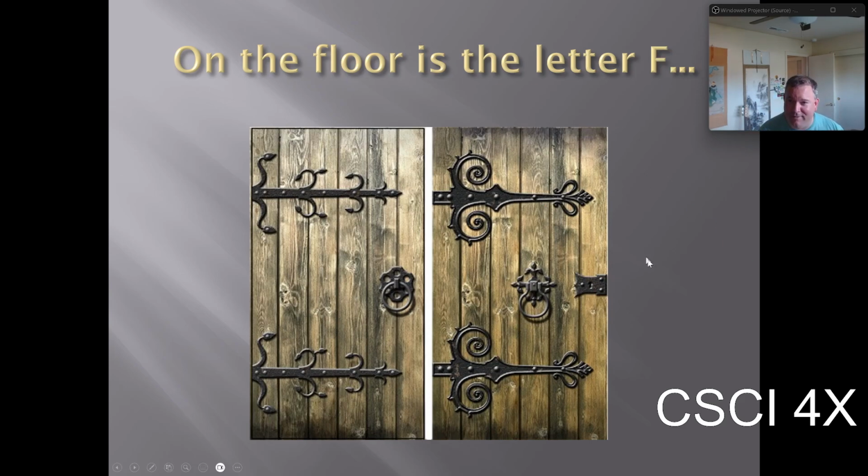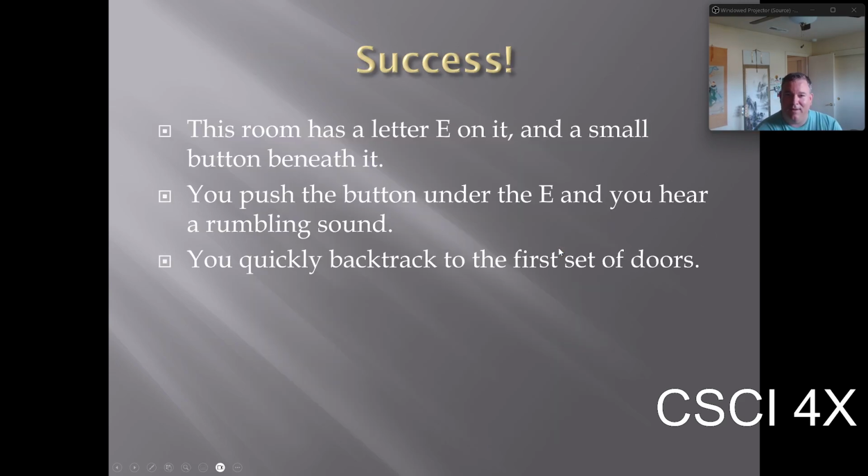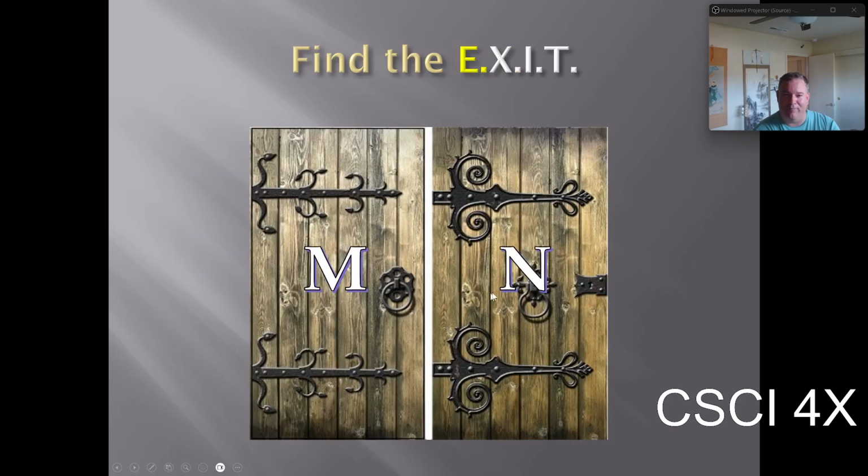Right door? All right. On the ground is the letter F. Do you take the left door or the right door as you're winding your way through these things? Left it is. Very good. You find the letter E and a small button. You push it, and the first of the bars on the door open.